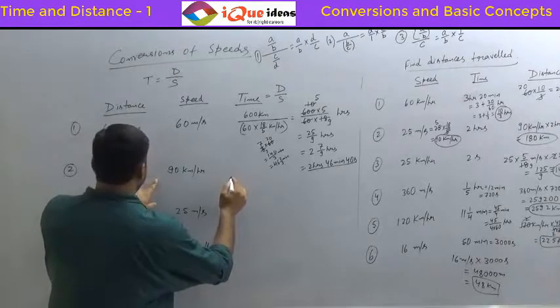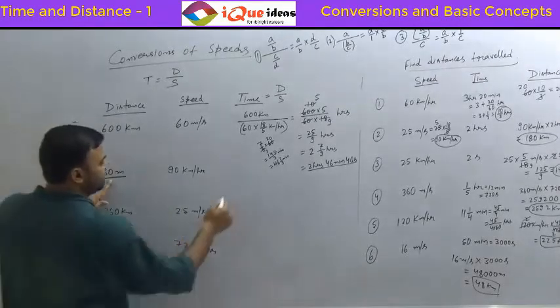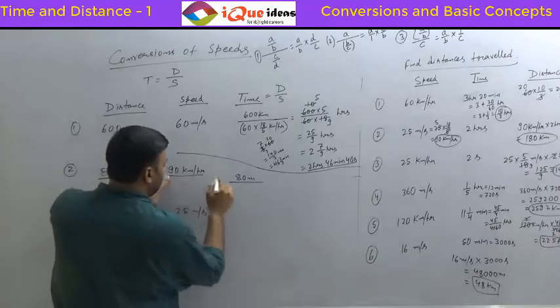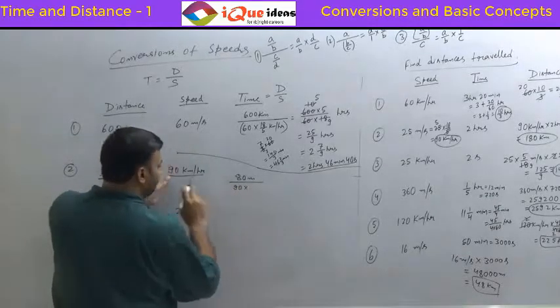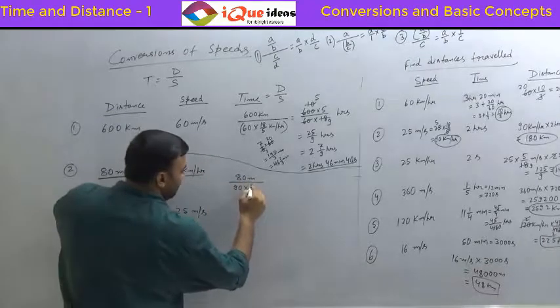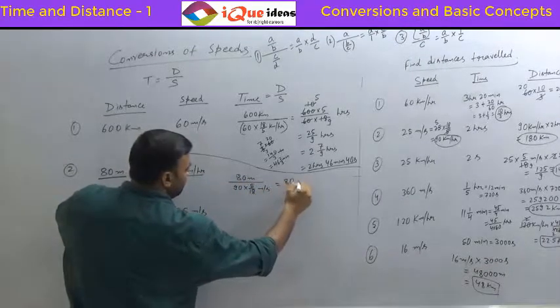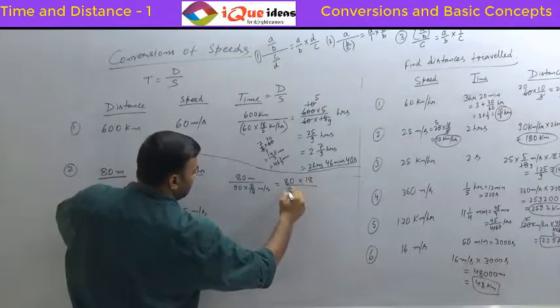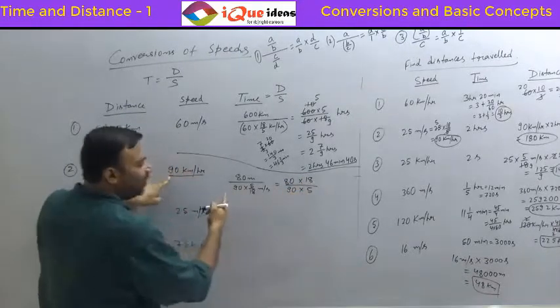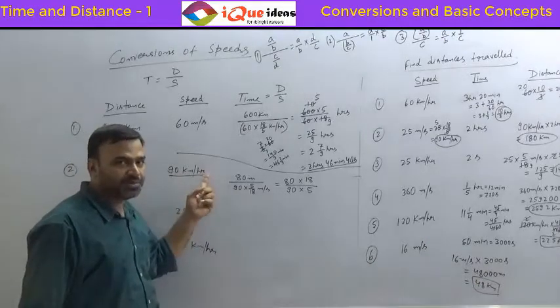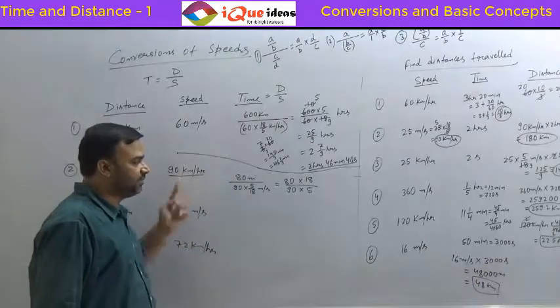So distance by time, that is distance by speed, that is distance is 80 meters. Divide by, now speed is 90 kilometers per hour. So 90 kilometers per hour is 90 into, we have to convert it to meter per second. That means into 5 by 18 meter per second. So it is 80 into 18 upon 90 by 5. Now this, of course, if you cannot convert 90 immediately as 25 meter per second, because we have done this twice, right?